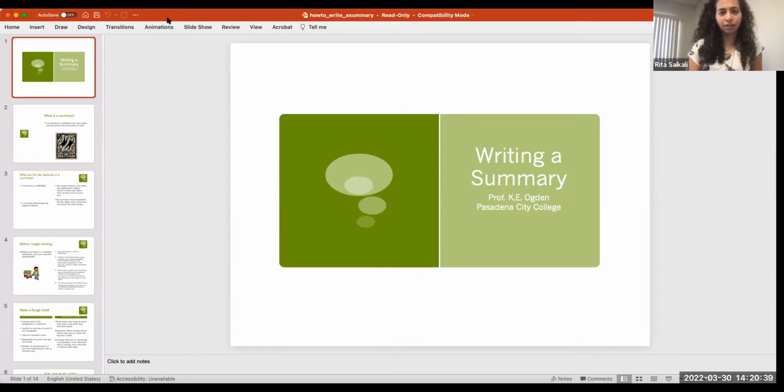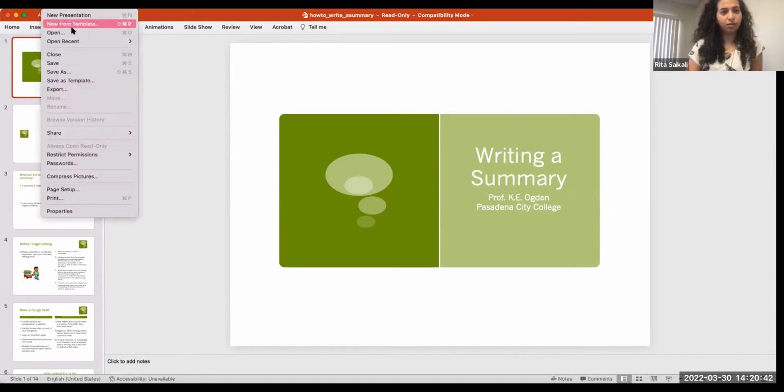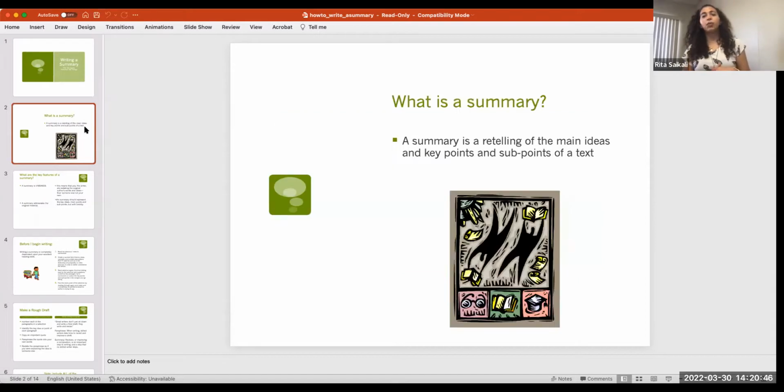All right, so what is a summary, you guys? A summary is retelling the main idea and key points and subpoints of the text. The text is whatever writing you are reading, right? Whether it's a story or a news article or anything like that, that is what a text is.